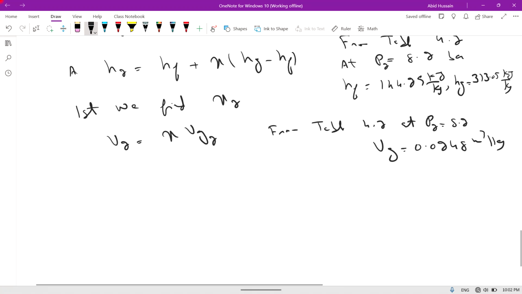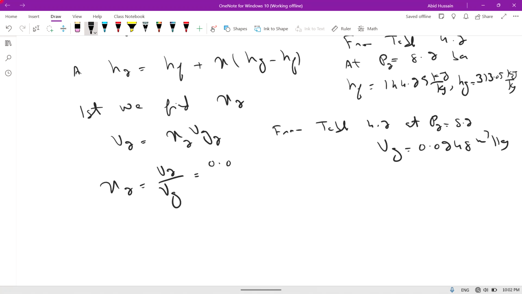So we can easily find x2. x2 is equal to v2 divided by vg2. We already found v2, which is 0.024187 meter cube per kg, and vg is equal to 0.0248 meter cube per kg.